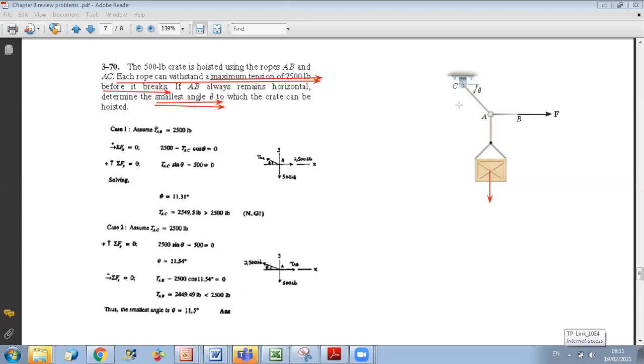Now, if you paid attention to the figure that TAC is the highest, you directly start with the right assumption. You say TAC is the highest force, so it will reach the maximum first. Then you set TAC equal to 2,500, and based on this, you calculate the corresponding smallest value of theta. Okay? Yes, thank you.